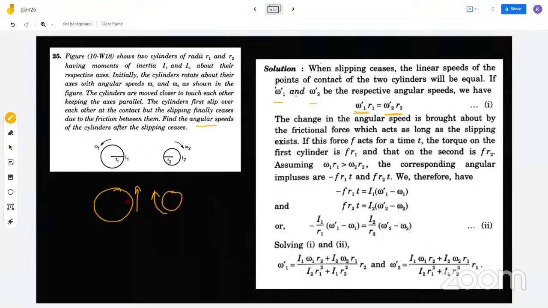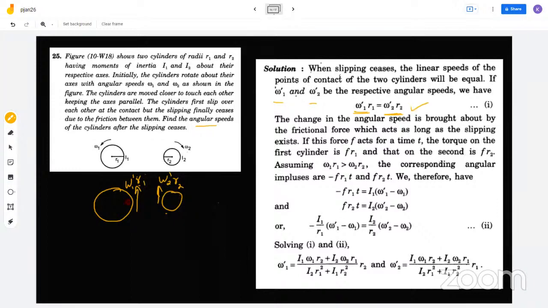So this speed say इसका omega 2 dash और इसकी velocity इधर, तो ये वाला जो है omega 1 dash into r1. Kinetic friction zero, relative speed zero, omega 1 dash into r1 is equal to omega 2 dash into r2. So this is the first one.